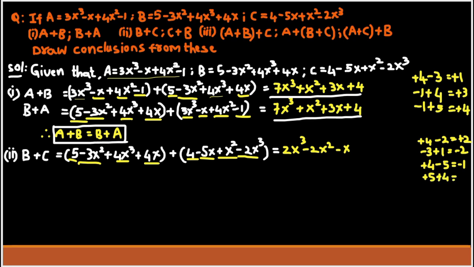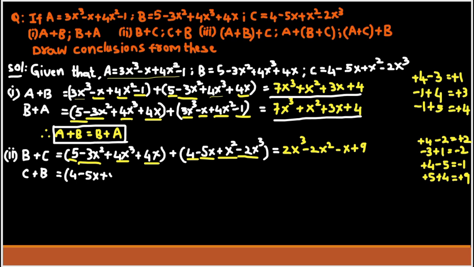So it is minus 2x square, and plus 4x from b minus 5x from c, plus 4 minus 5, which is minus 1. So it is minus x, and 5 from b, 4 from c, 5 plus 4, which is plus 9. So b plus c is equal to 2x cube minus 2x square minus x plus 9.